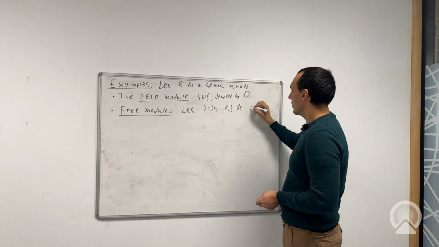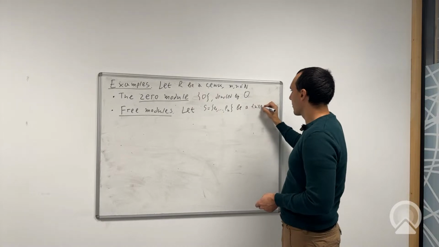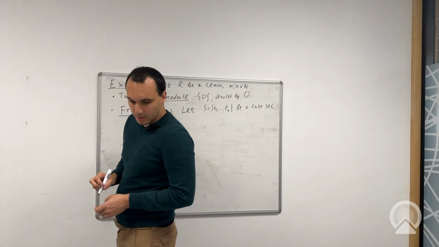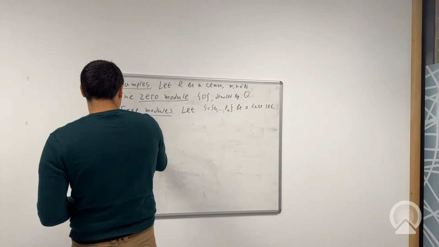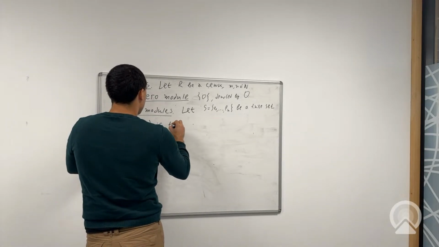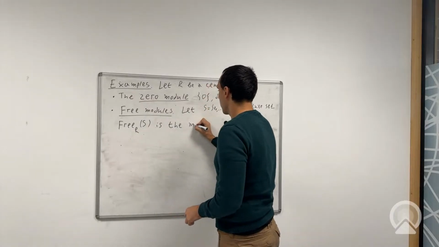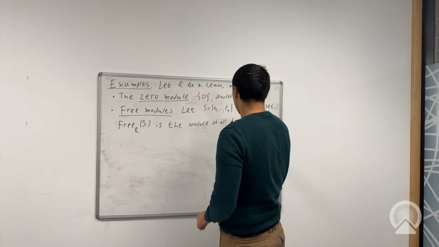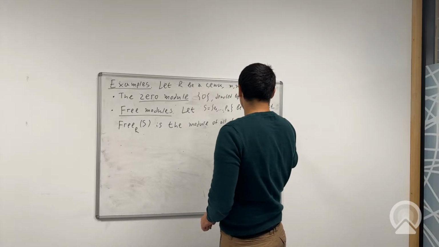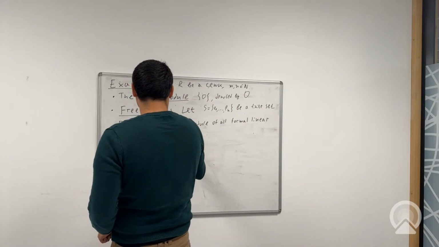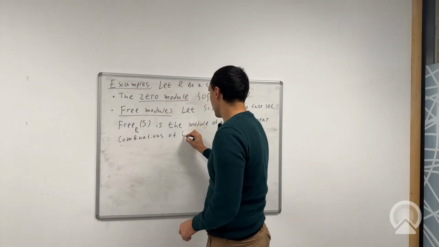Doesn't matter. And so free R(S), this is the notation, is the module of all formal linear combinations of the elements of S.